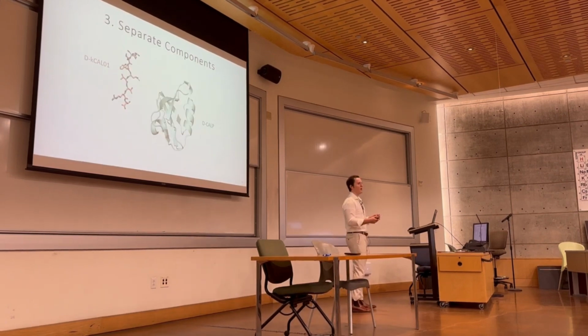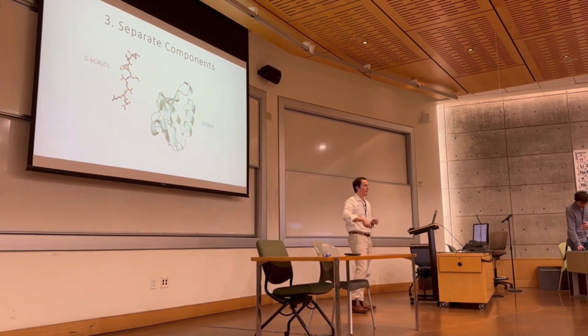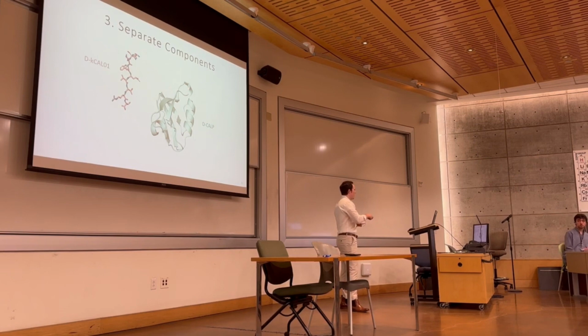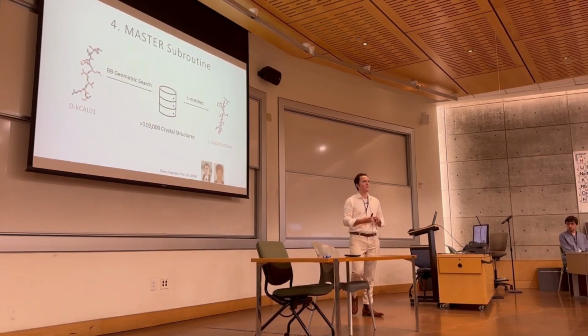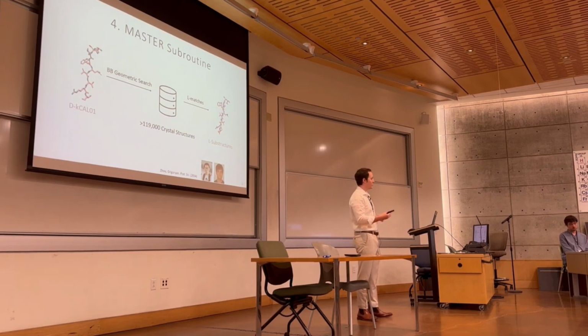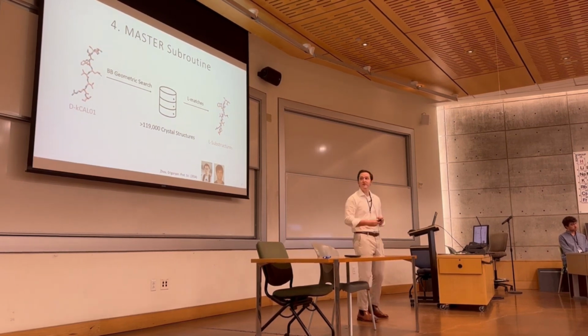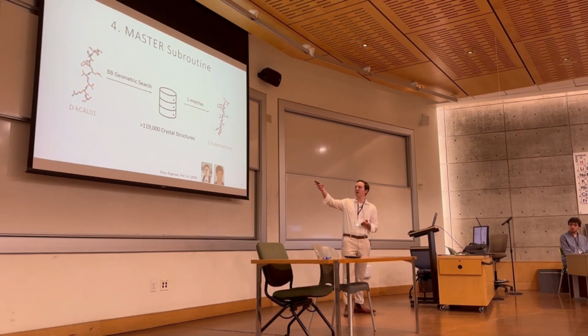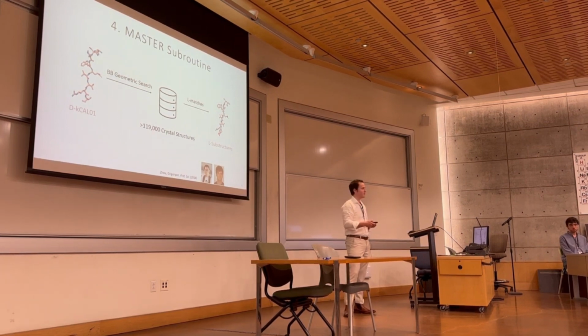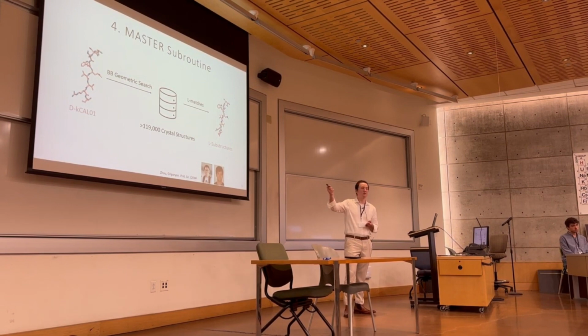Third, we then separate out the components. So we're going to design a D peptide. Let's ignore DCalP for now, and we're going to get DKCal01. Now comes our substructure search. We use something called MASTER from the Grigoryan lab. This stands for Method of Accelerated Search for Tertiary Ensemble Representatives. What this means is it's a geometric hashing algorithm. We're giving our database of over 119,000 crystal structures our query, which is DKCal01.